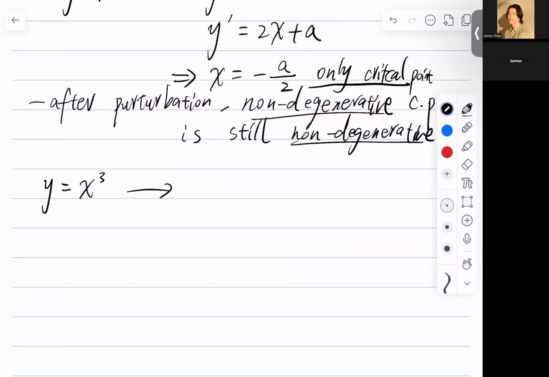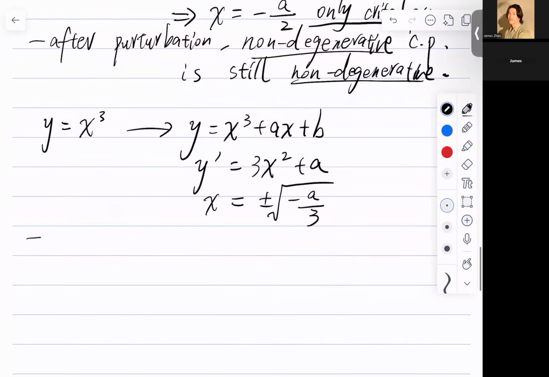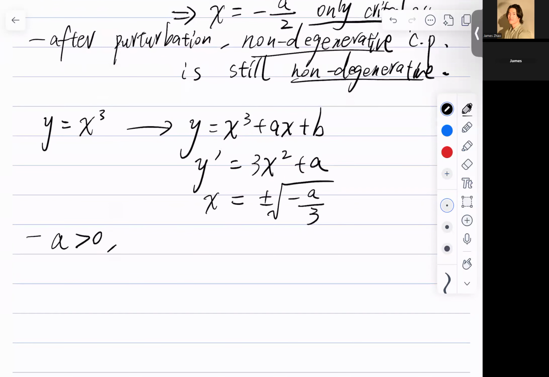At the same time, we still add the same perturbation, ax plus b. And let's take the derivative again. We have 3x squared plus a. And let's solve for what x is. When y prime equals 0, we get x equals plus or minus the square root of negative a over 3. And we conclude that if a is greater than 0, we have no real solutions.